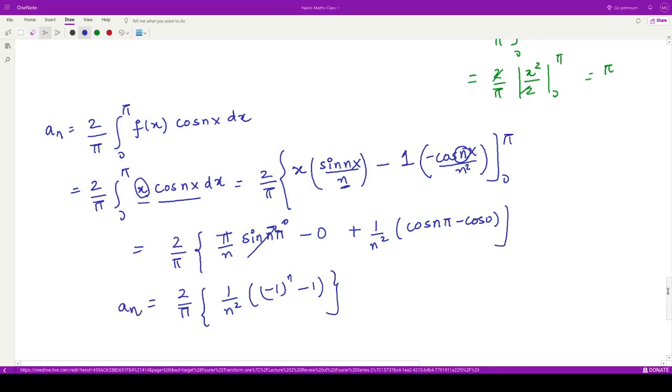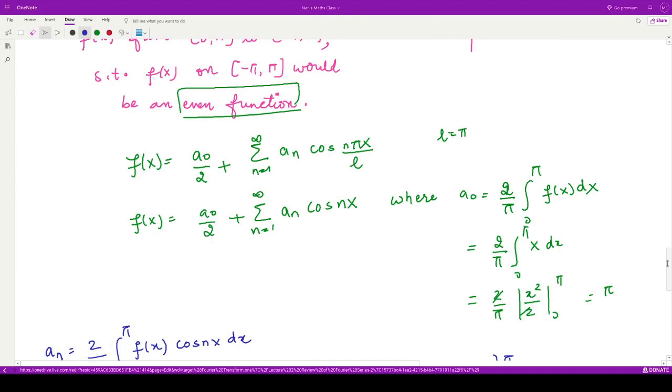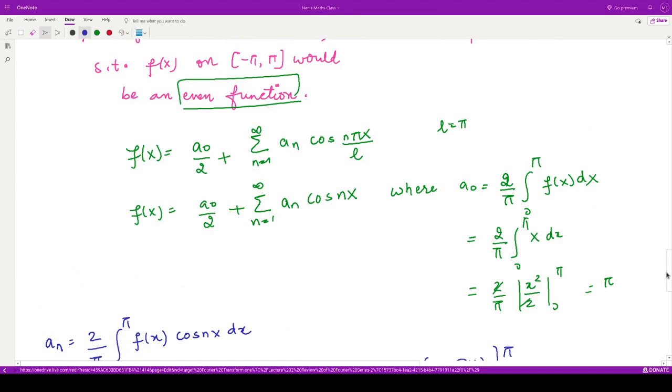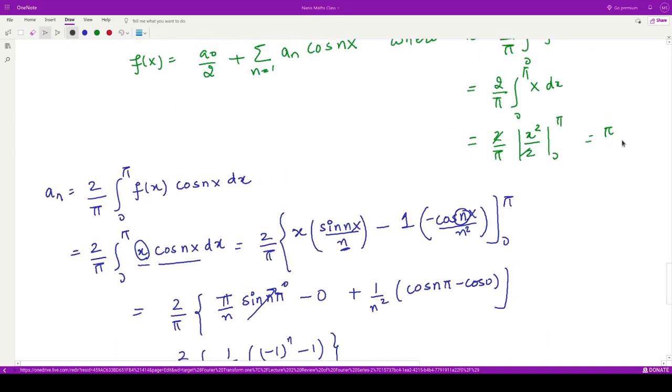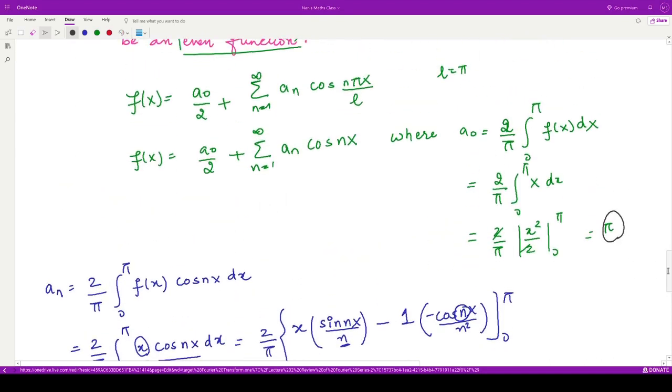So we can substitute this value of a n into our Fourier series. So f of x would be a naught by 2. What was a naught? A naught was pi, we just calculated this.